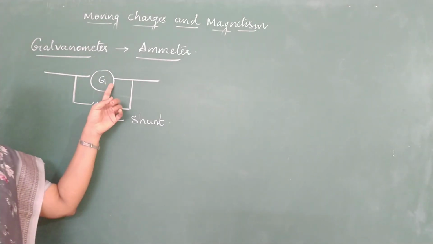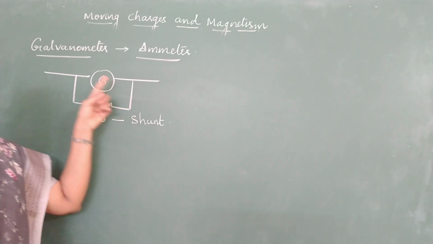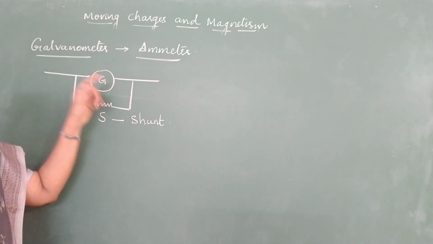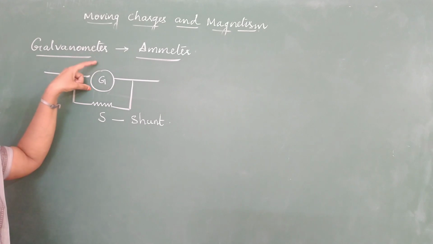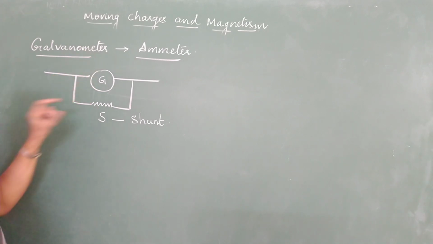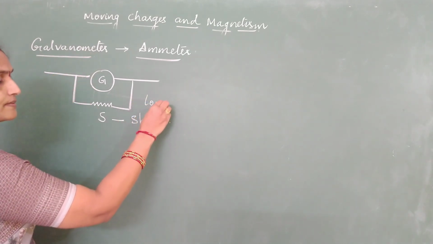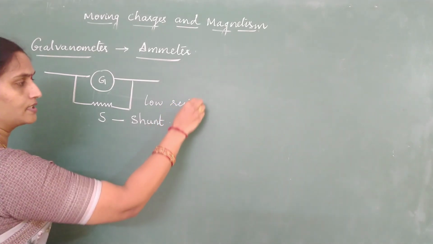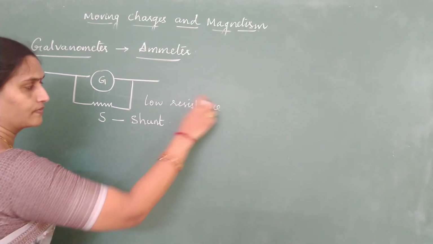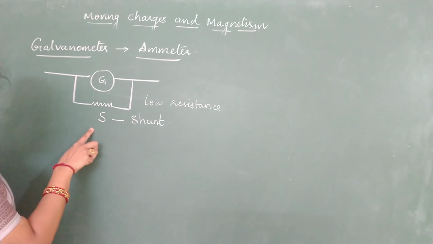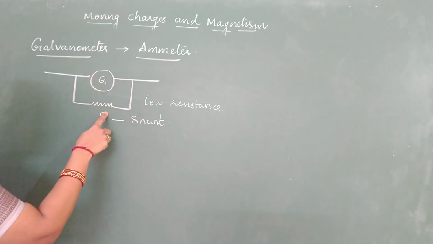First we have to protect the galvanometer from large currents. So to this galvanometer whose resistance is G, we add a low resistance shunt in parallel.